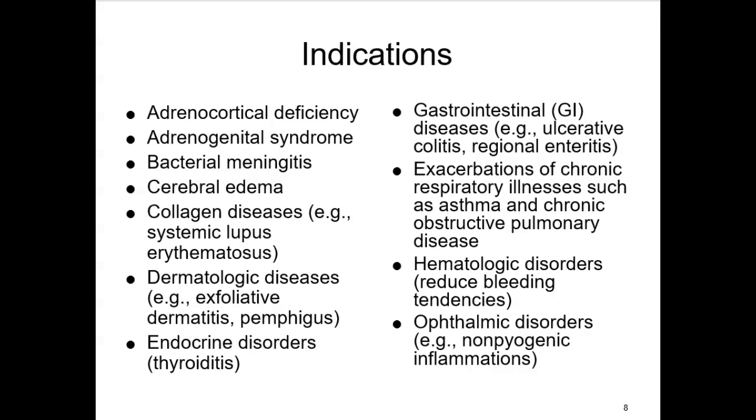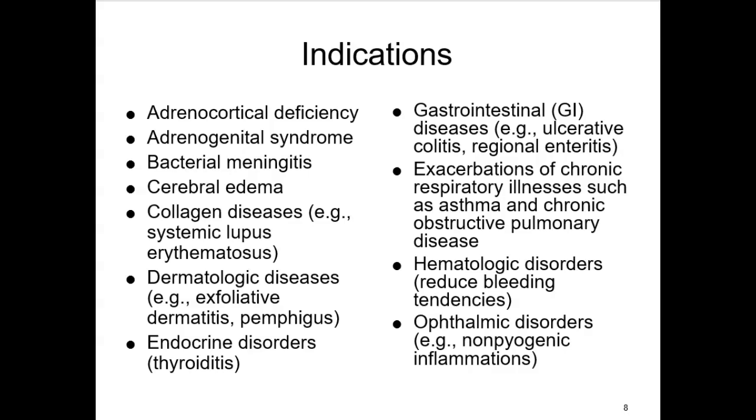So you can read them on here, but in general, we're giving them for lots of autoimmune disorders like lupus, things like ulcerative colitis, COPD, people who have bleeding tendencies, endocrine disorders like thyroiditis. When we talked about thyroid, we might give these medications to help with that.